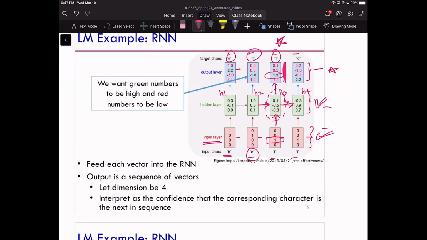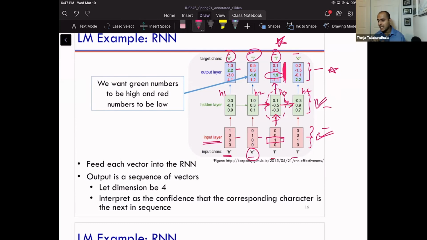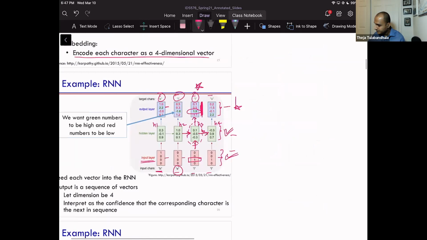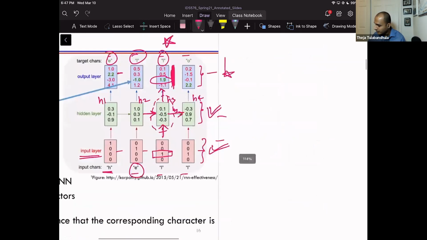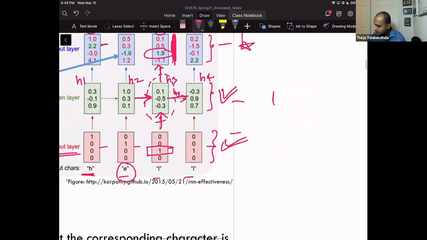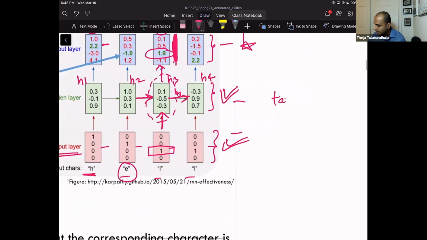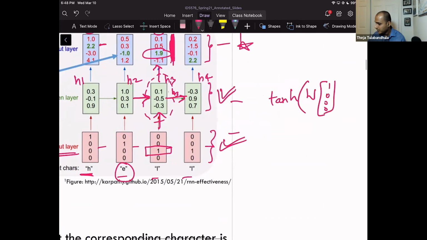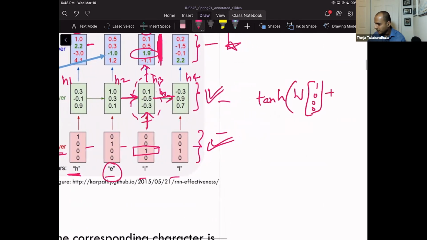Professor, the hidden layer numbers, those represent the equivalent of theta that we discussed previously, right? No, these are not the parameters. These numbers should represent the tanh of W times whatever the input is, like 1000, plus b.